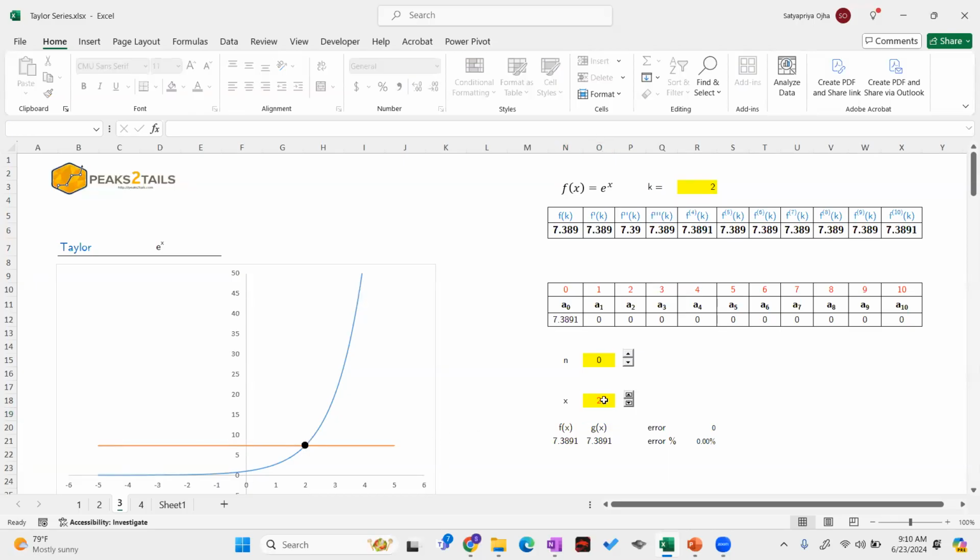And you can move away. There is some error. And basically the whole story is, if you want to develop an approximate polynomial at a particular value of x, you expand the function at that x, and then start including more and more terms. That's the moral of the story.